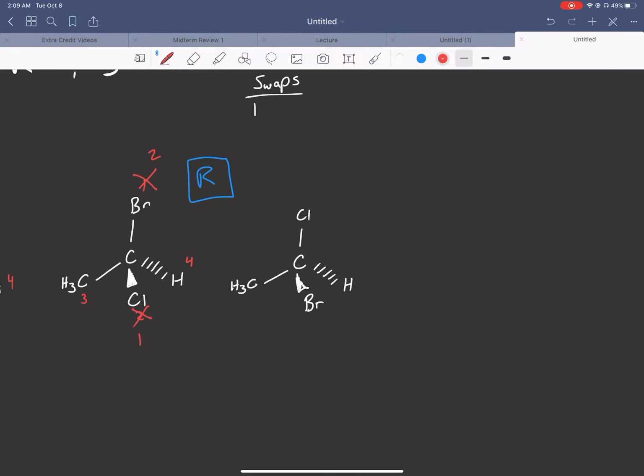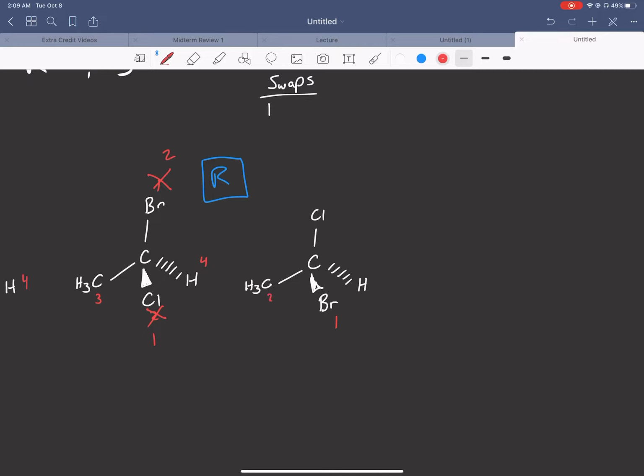Now let's do our priority again: 1, 2, sorry, should have been 2, 3, 4. Cross out the 4, and the lowest priority group, number 4, is dashed, so we can just draw a normal arc. That was the wrong direction. 1 to 2 to 3. Now it's counterclockwise, so now it's S.